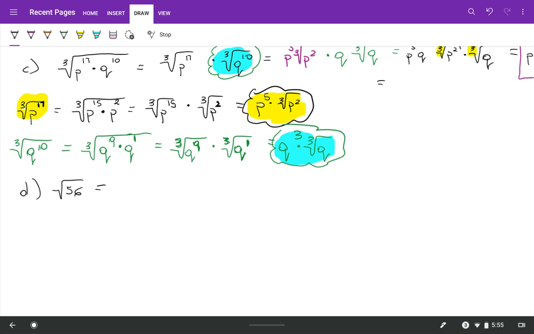So you want to break this down into, let's think what's going to work. 4 times 14. Okay, so let's rewrite that as square root of 4 times 14.